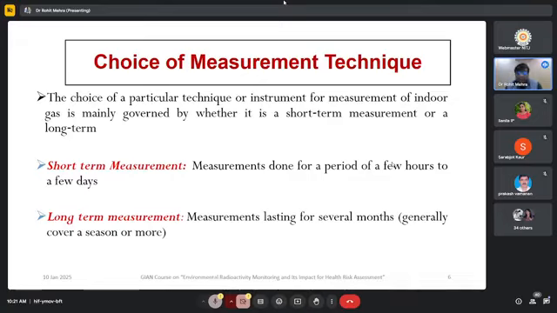But long-term measurements could take years, or you have to divide years into several months by placing your detectors during different seasons, and you could have a proper idea of what type of contamination is available in that particular dwelling, house or area where you have done continuous monitoring for say 1 year, including all the seasons.